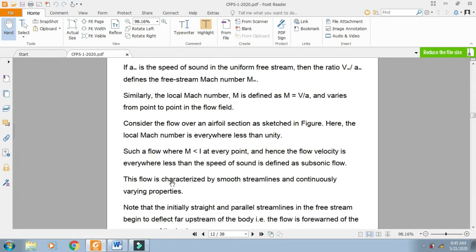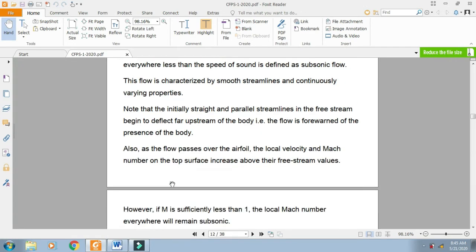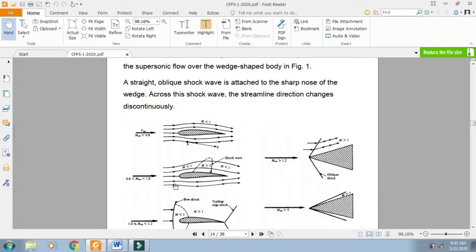So if the Mach number infinity is less than 0.8, the Mach number will change. The studies show that the Mach number will change, but as it passes through the airfoil, the Mach number is always less than 1. Suppose near the leading edge the Mach number is 0.85, and as it moves it becomes 0.9.